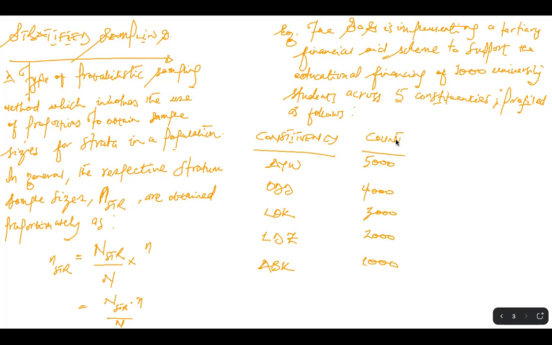We have constituency, and then we have counts. And then we can create another column, and let's call it NSTR.